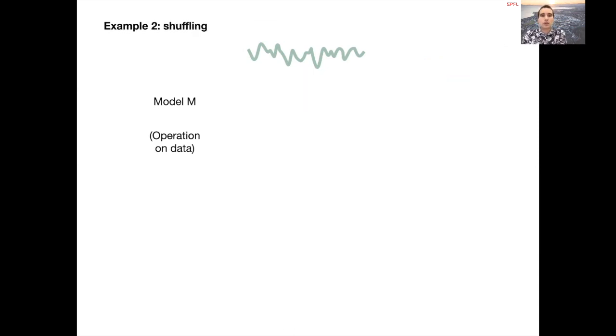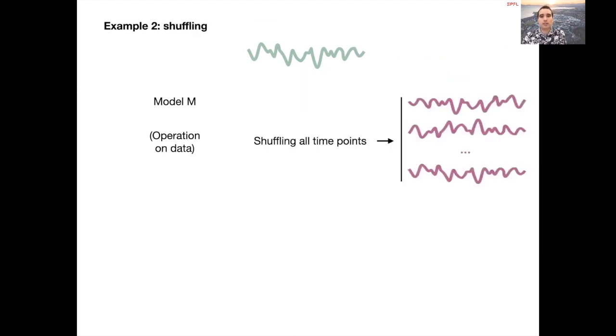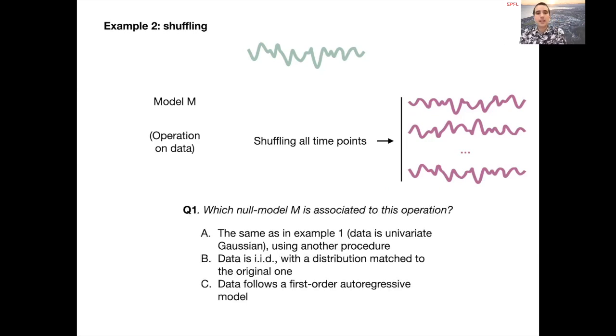So let's consider the case where we generate surrogate data by shuffling all the time points. That means that we take the original data and we just shuffle all the time points to generate different realizations of surrogate data. In this case, I want to ask you, what is the null model M associated to this operation?